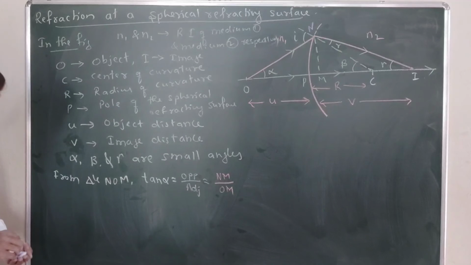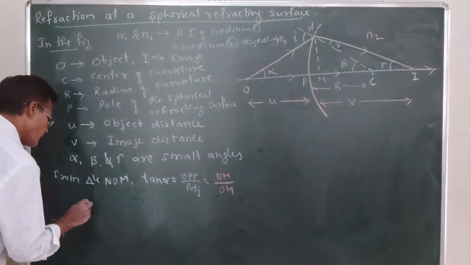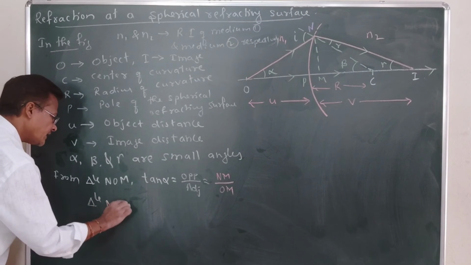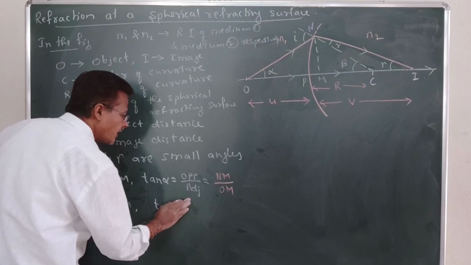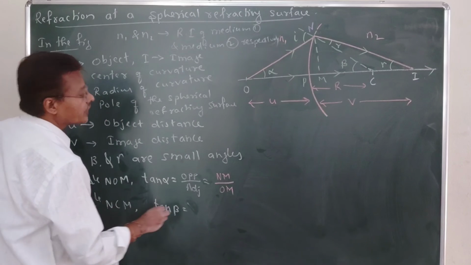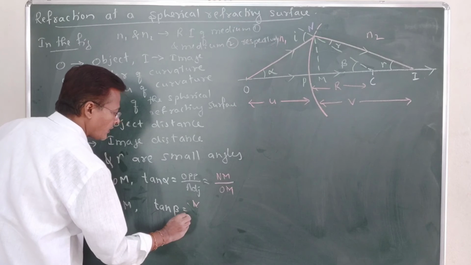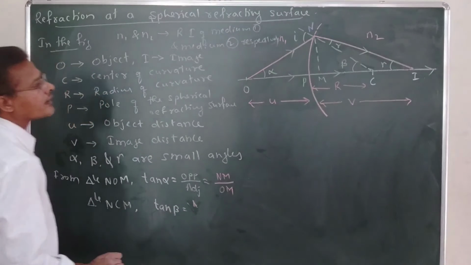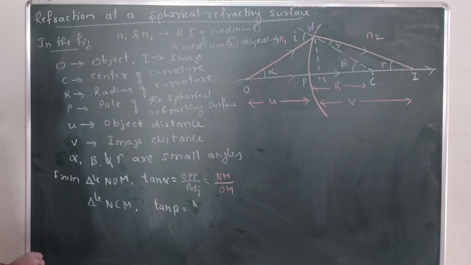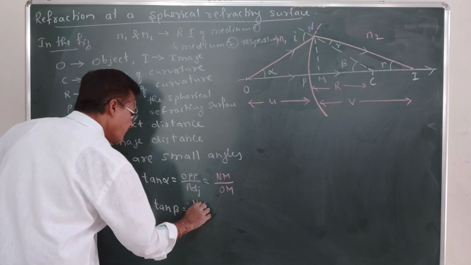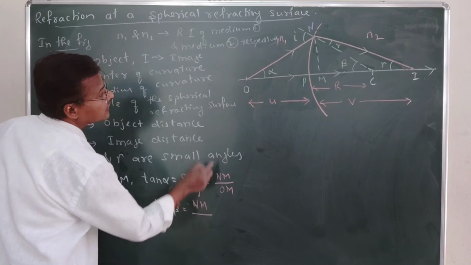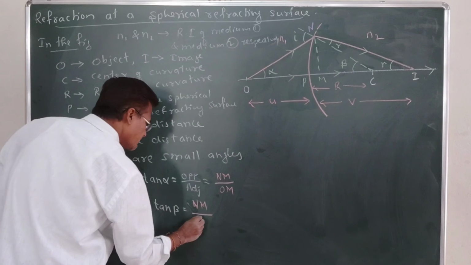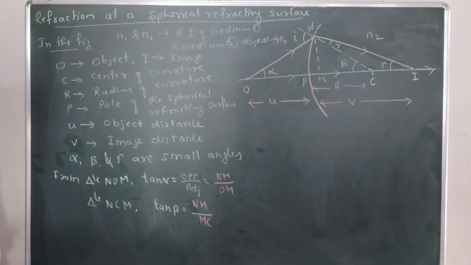Similarly, from triangle NCM, tan beta equals opposite NM divided by adjacent MC.